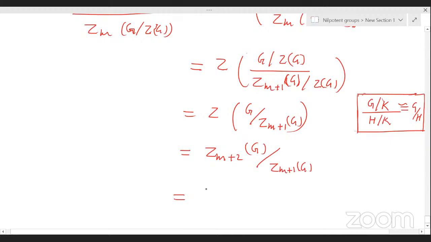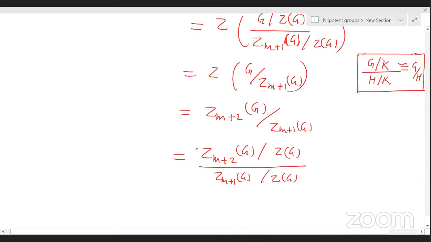Now again, this term is actually isomorphic to Z_{m+2}(G)/Z(G) upon Z_{m+1}(G)/Z(G).